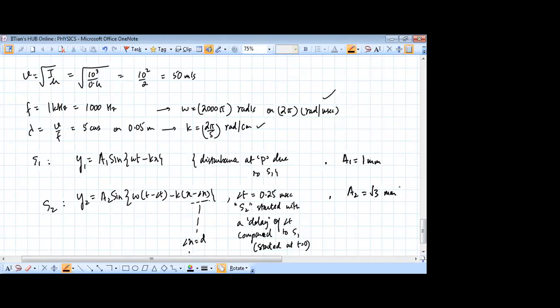So you might have added omega delta t with k delta x to get the phase difference, but actually it's the difference of the two. Right, plus minus mistake. So that is why writing the wave equations individually is a very safe option. So I will tell you a shortcut method also where we don't have to do so much work.